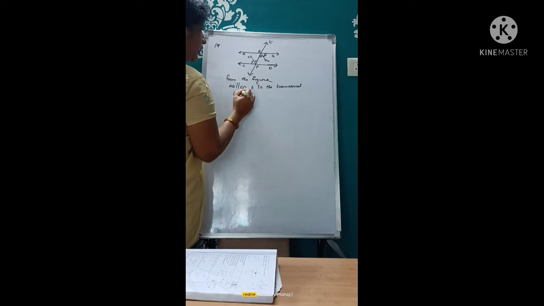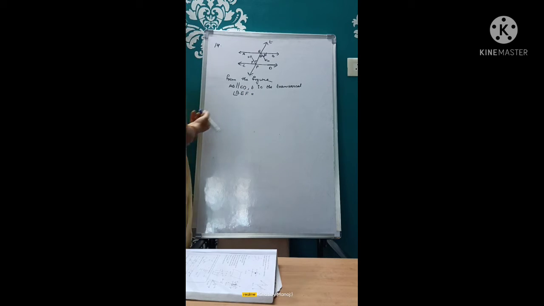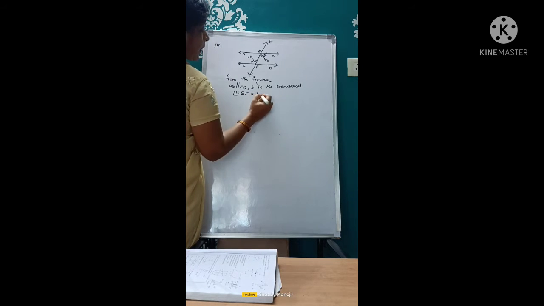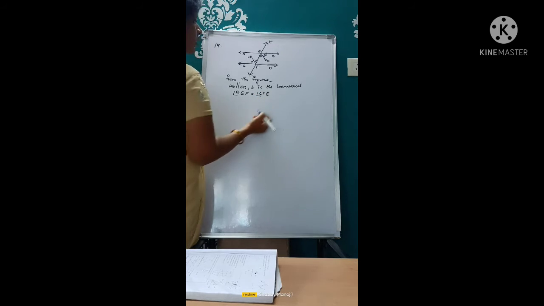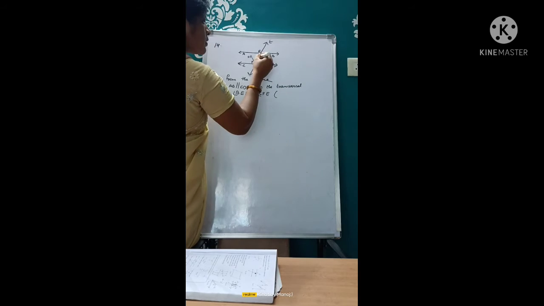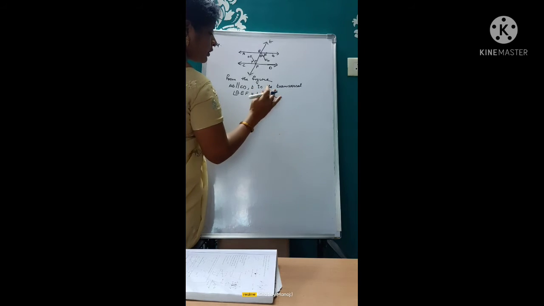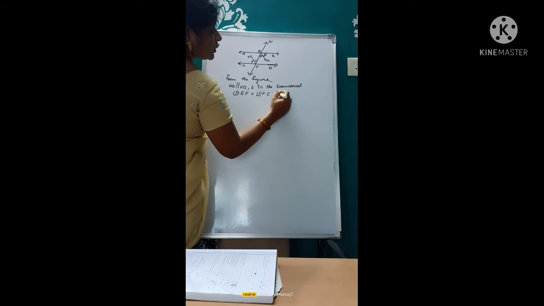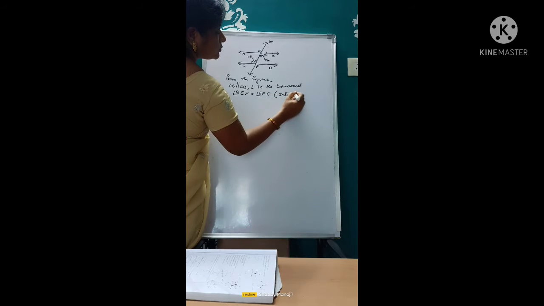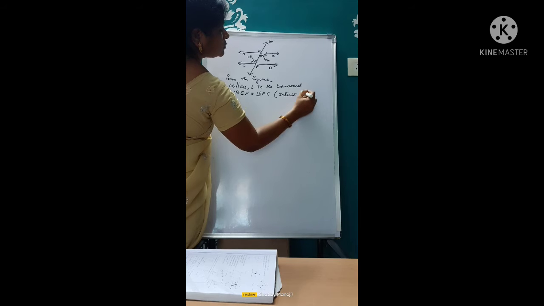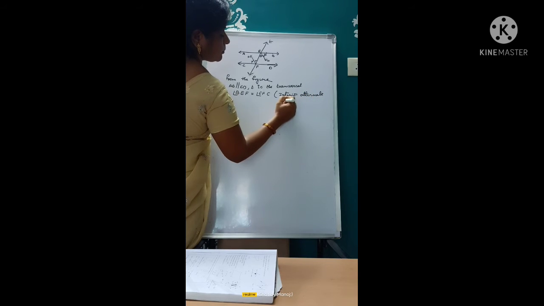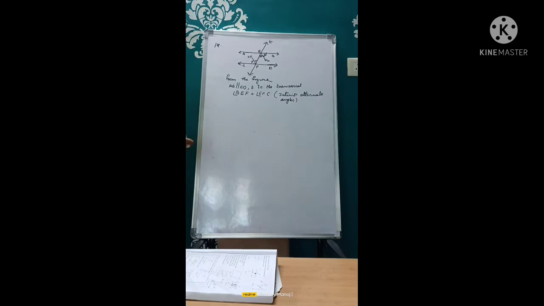Angle BEF equals angle CFE. What type of angles are these two? Interior alternate angles. You can write EFC also. Since they are interior alternate angles, they are equal.